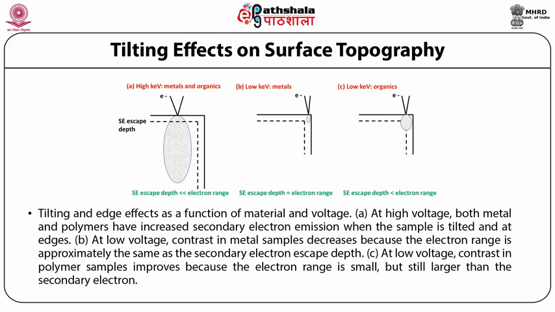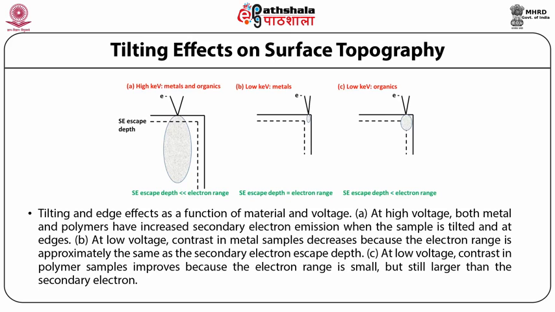The result is a loss of image contrast because the electron range is within the secondary electron escape depth at every place on the sample. Therefore, tilting changes neither the secondary electron coefficient nor the image contrast. A schematic of this effect is shown in figure 4b.